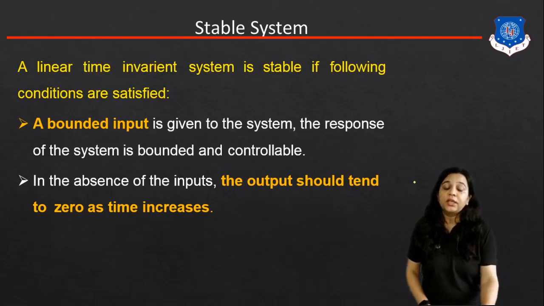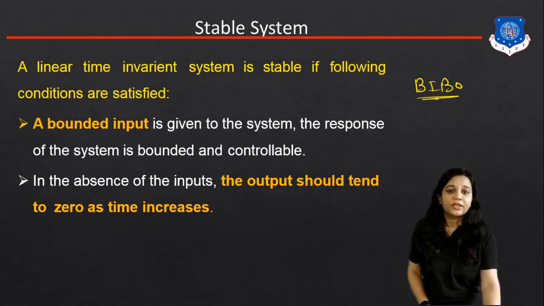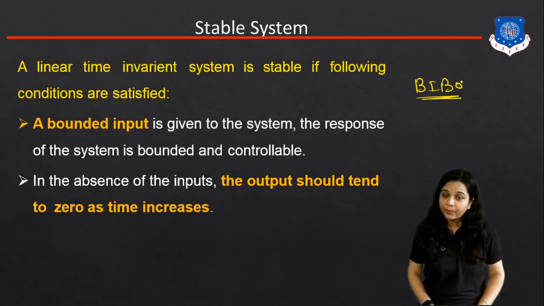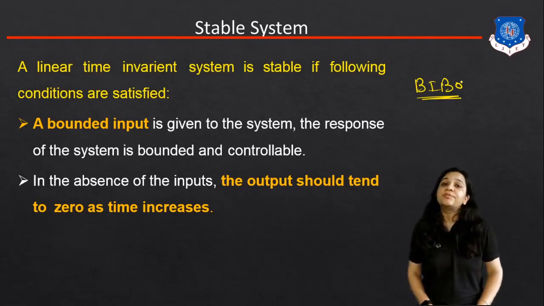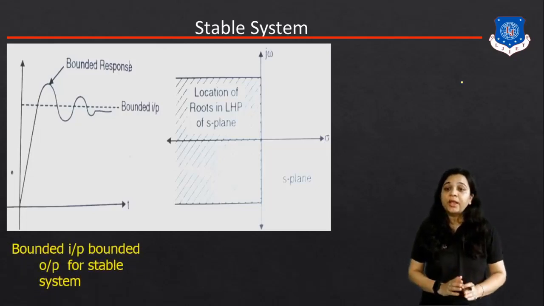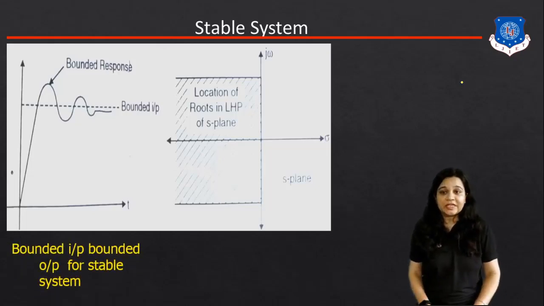In short, if the system follows the BIBO system, and what is the BIBO system? Bounded input, bounded output. That type of system is known as a stable system. Now a graph is given. The first graph is for bounded input and bounded output for the stable system.